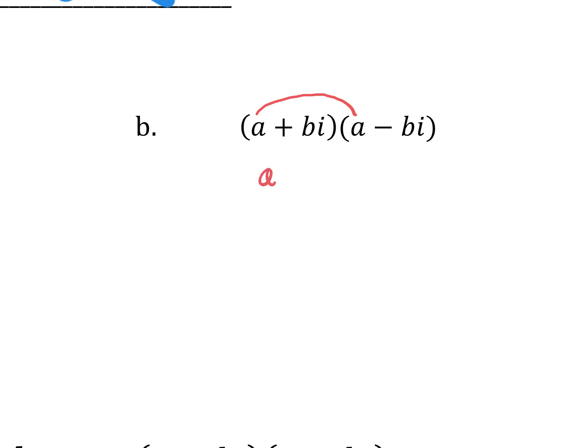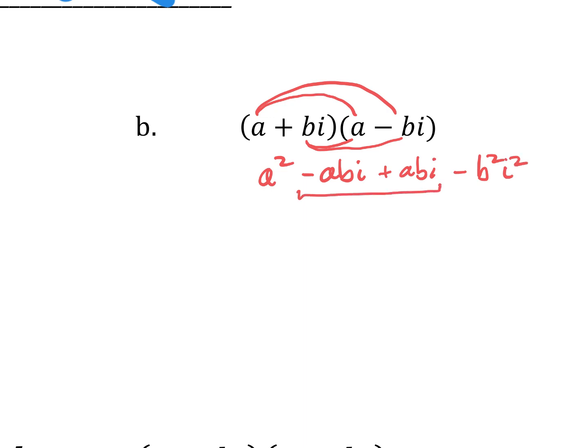So a times a is a squared. A times negative bi is negative abi. Bi times a would be positive abi. And positive bi times negative bi would be negative b squared, and i times i is i squared.